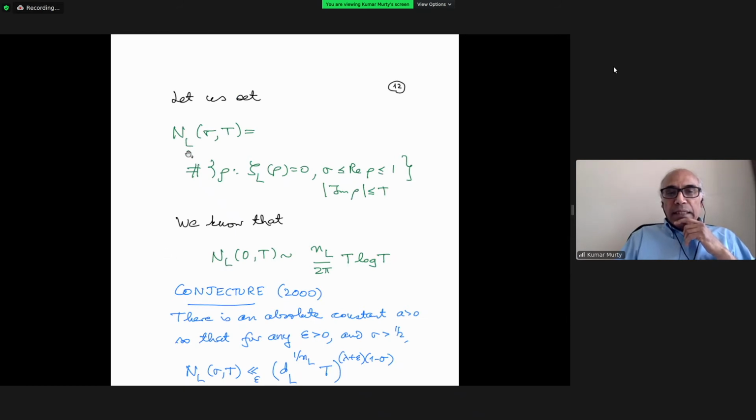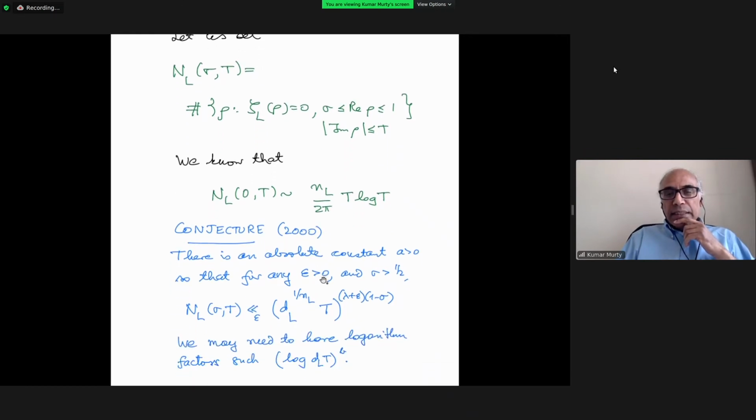So I look at the quantity N_L(sigma, T), which is the number of zeros of the Dedekind zeta function whose real part is between sigma and 1, and the imaginary part is bounded by T. Just by the usual analytic number theory argument, this will grow like T log T, and the constant in front is the degree of the top field over 2 pi.